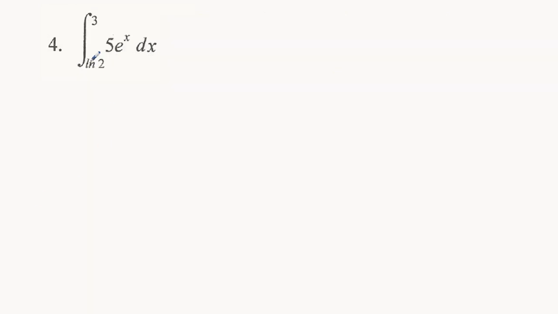Next problem, 4. We have the integral from the natural logarithm of 2 to 3 of 5 e to the x dx. Now I'm going to continue to the right and bring this 5 out front. So we have natural logarithm of 2 to 3 e to the x dx.